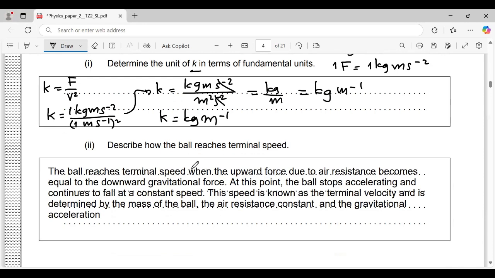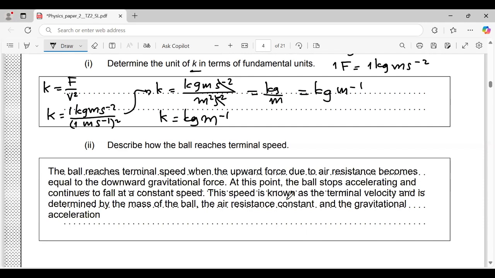Describe how the ball reaches terminal speed. This is my explanation I have provided. The ball reaches terminal speed when the upward force due to air resistance becomes equal to the downward gravitational force. At this point, the ball stops accelerating and continues to fall at a constant speed.